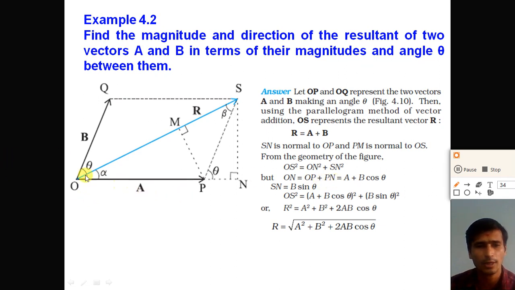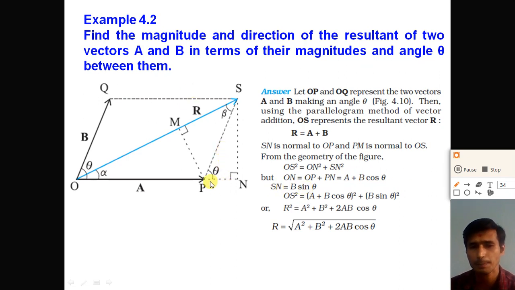Here OP has magnitude A and PN is equal to B cos theta. From B, if you draw the perpendicular, we can find PN equal to B cos theta. It is the component of vector B in the direction of vector A. So we get ON equal to A plus B cos theta.